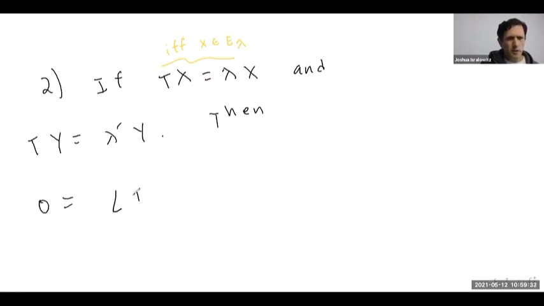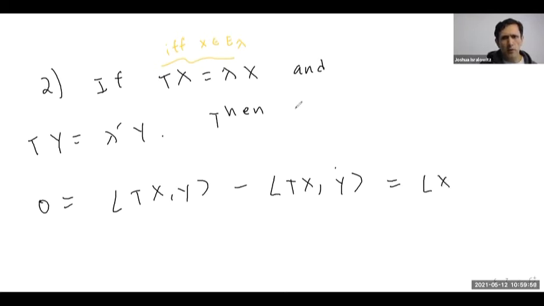So 0 is <Tx, y> minus <x, Ty>. Well, let's do it. Just basically add and subtract the same thing here. So just bring the T over.